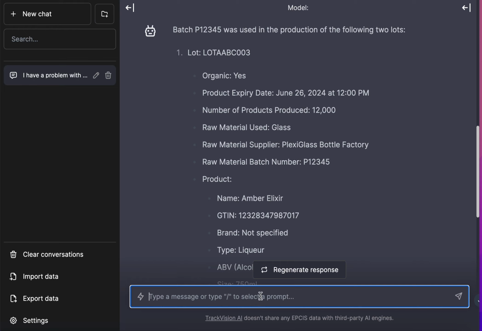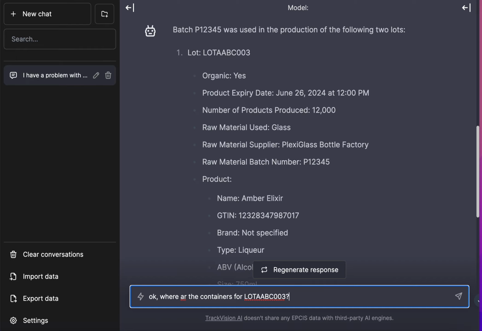Let's see what it knows about that particular lot. So, where are the containers for lot AABC003?